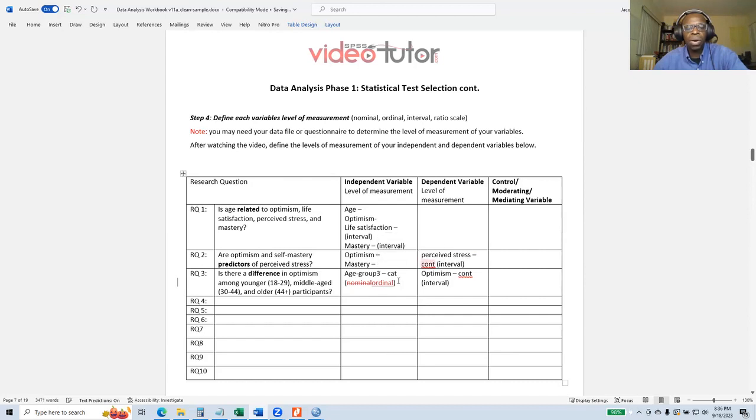That's what we want to know. How are these variables being measured? And again, this is something that we covered in the pre-workshop videos, okay?